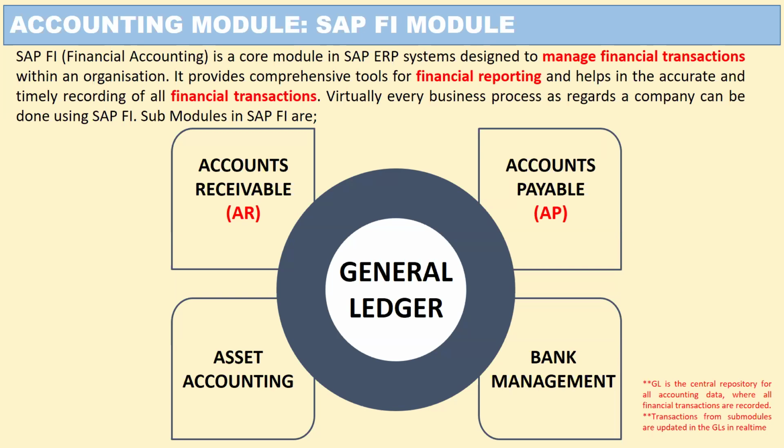The general ledger is the central repository for all accounting data, where all financial transactions are recorded. Transactions from all these other sub-modules just feed into whatever GLs, or general ledger, have been created for them. As we go further, we'll get a better understanding of how this works.